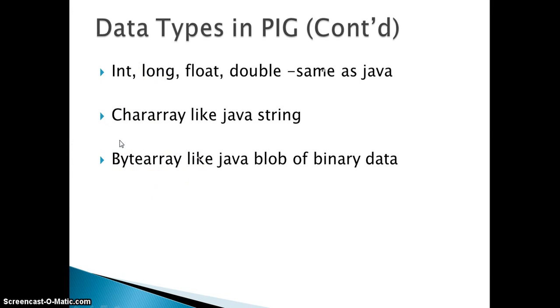When you forget to give a data type, or you intentionally don't give any data type for your field, it will be taken as a bytearray. So these are the data types that are available in Pig.